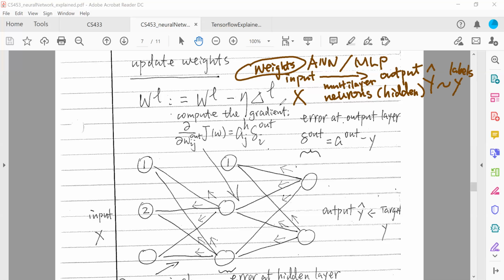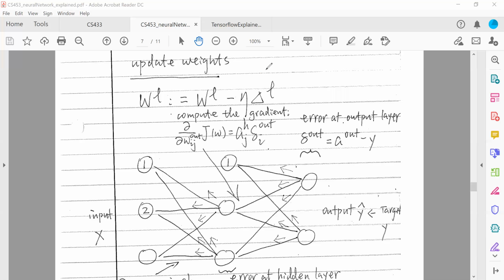From input to output through these layers, we call that feed forward.